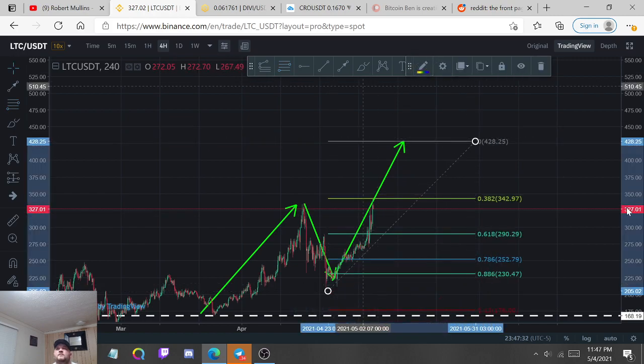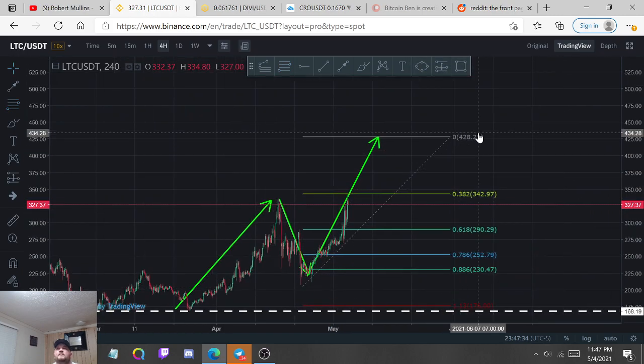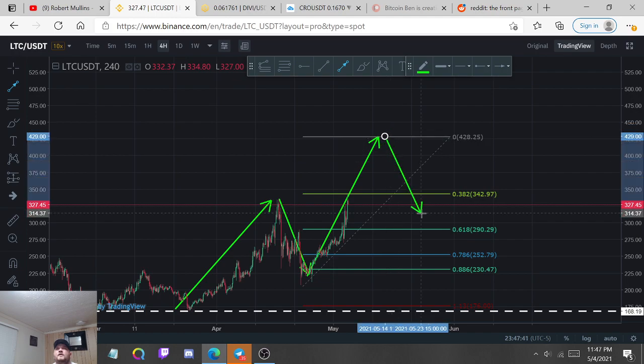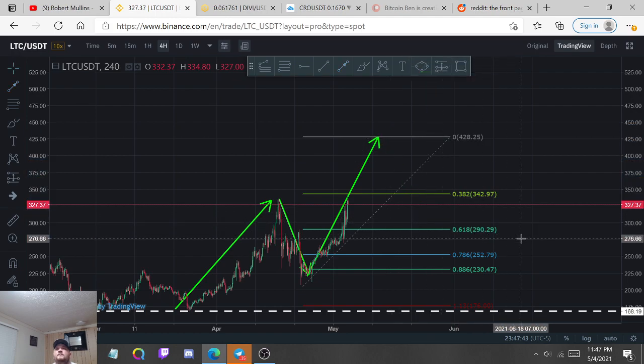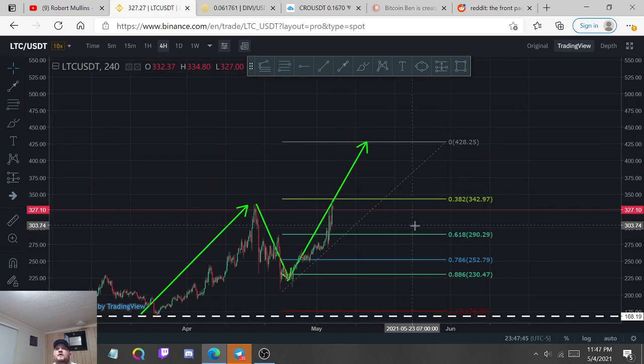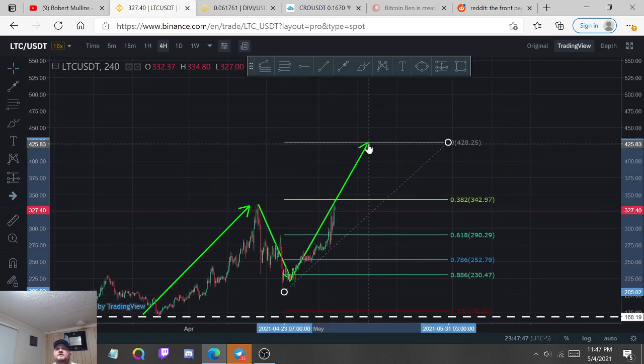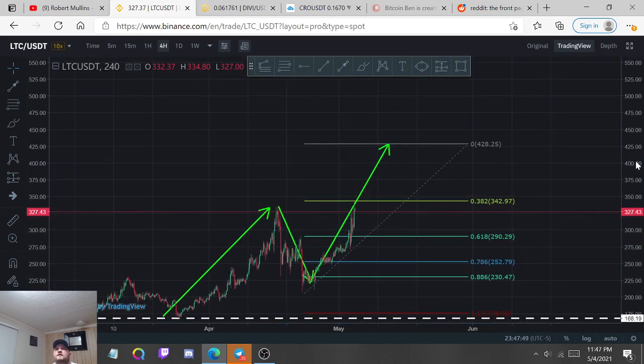If we push up higher, then we could look for a pullback. But yeah, we just want this to keep going higher and higher.